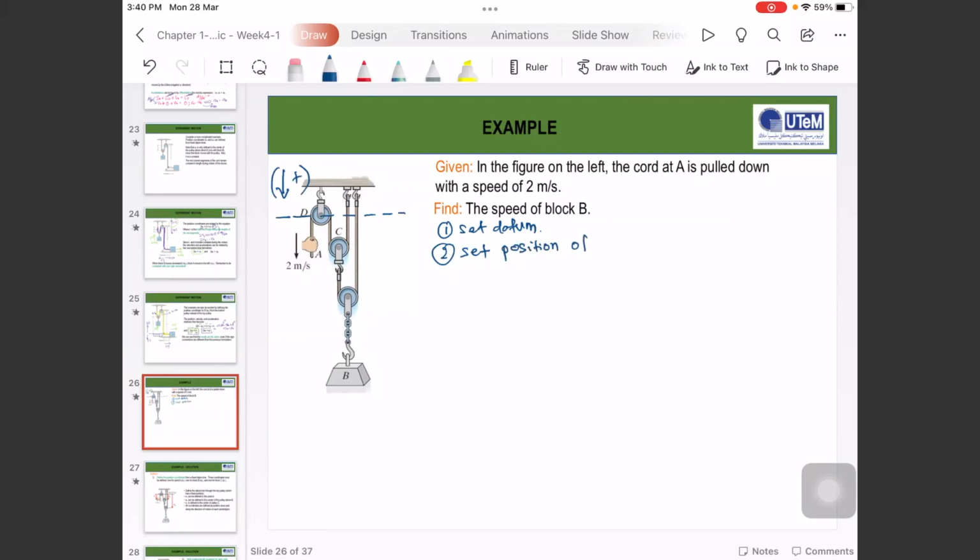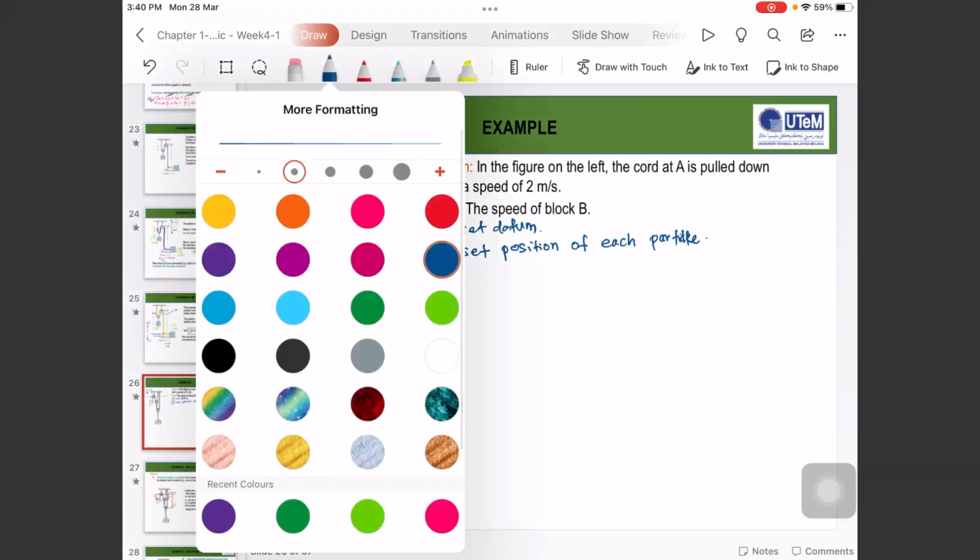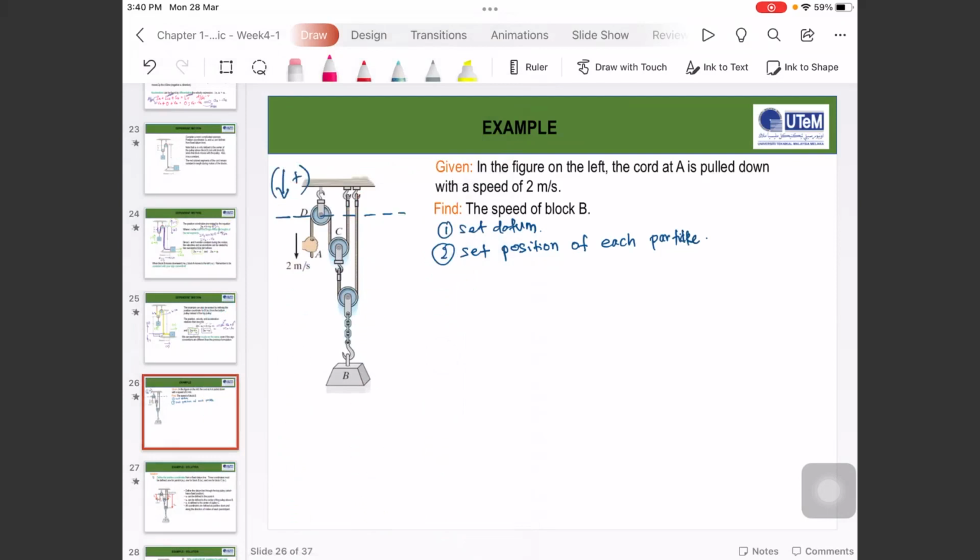Yang kedua, number 2, you need to set position of each particle. Dalam kes ini particle adalah puli lah. Particle. Right? Ataupun tangan. Okay, tangan juga. So you have banyak tu. You have SA, kemudian kita ada SC ini, SC, and then kita ada SB.